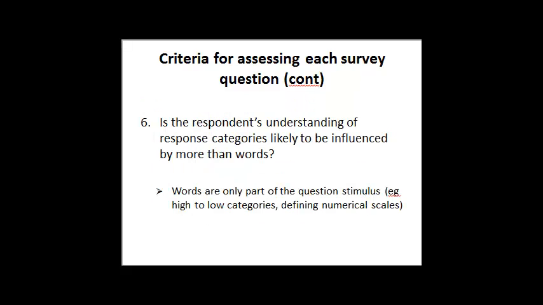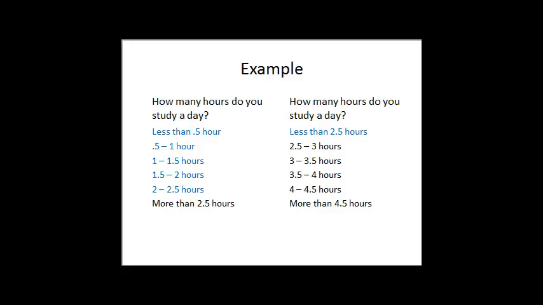Next, is the respondent's understanding of the response categories that you provide likely to be influenced by more than words? Words are only part of the question stimulus. It also includes the choices or answers that you provide. For example, in this question, students were asked how many hours they study a day.